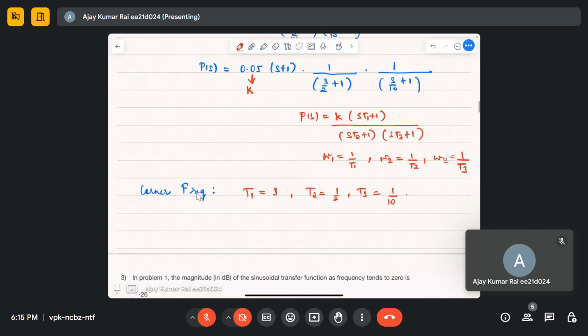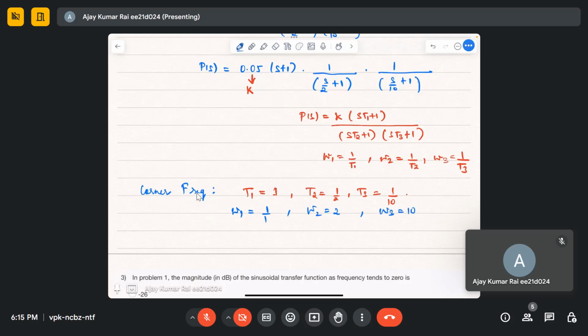And we are looking for corner frequencies. So omega 1 is 1/1, omega 2 is 1/T2, which is equal to 2, and omega 3 is 1/T3, which is equal to 10.